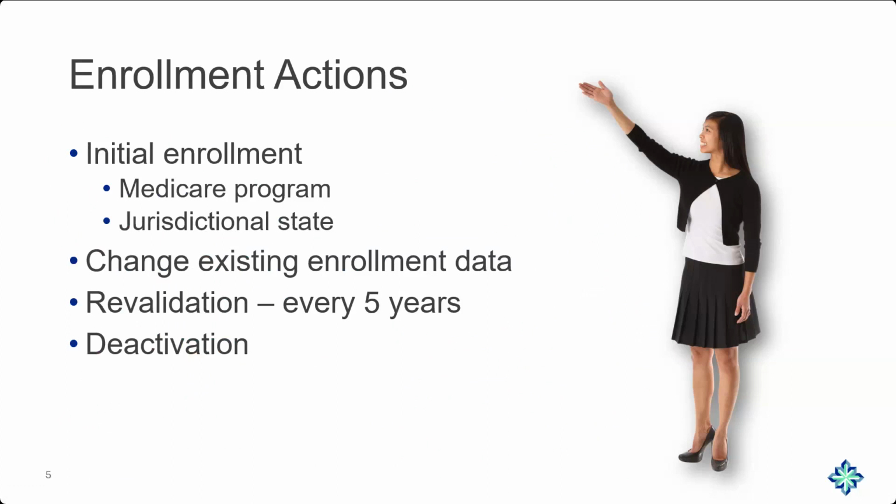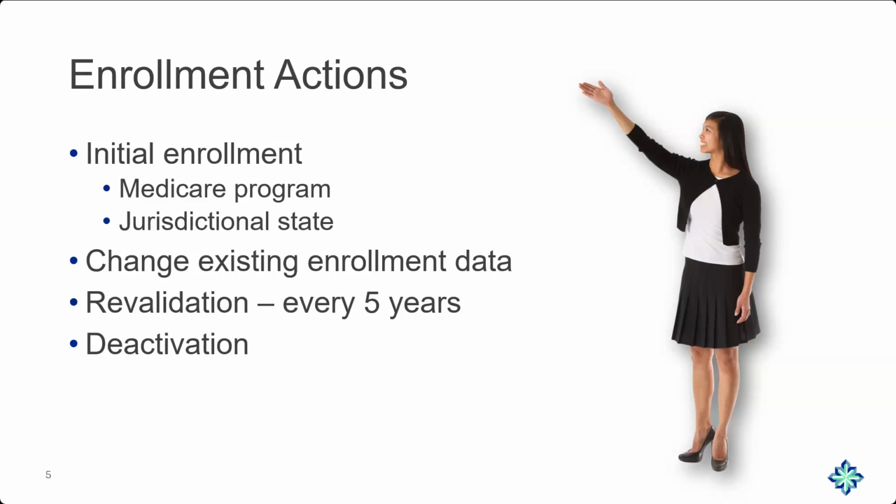So once you know whether or not you're eligible to enroll in the Medicare program, then it comes down to what enrollment actions can be taken during that enrollment process. So there's a couple of different actions. There's an initial enrollment. Now, initial enrollment can mean a couple of different things. It can be that it is a provider or a facility that is new to the Medicare program, which means it is not enrolled in any jurisdictional state.